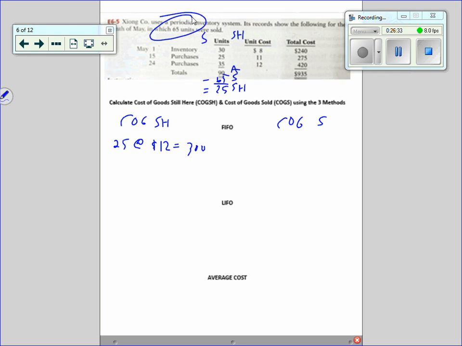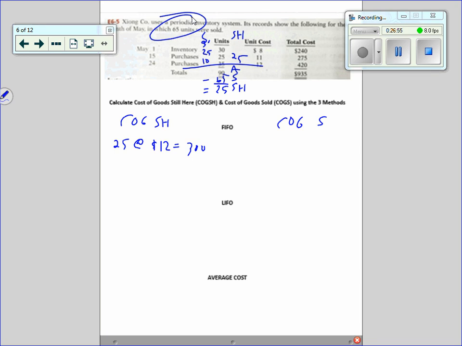Out of my 35, what's still here? 25. So 10 plus 25 plus 30 better equals 65. And it does. You don't have to do that, but sometimes it's just clarification that, yes, I did that right.